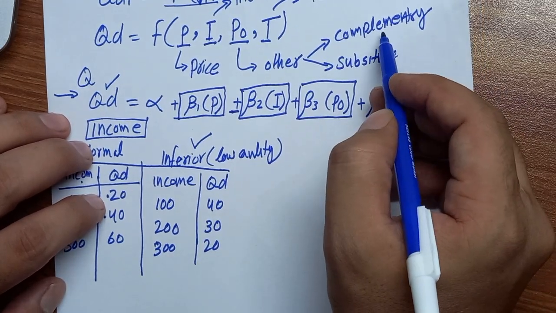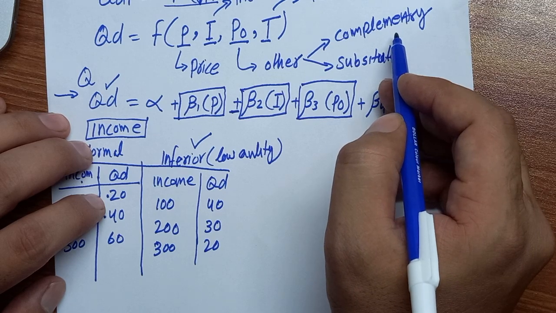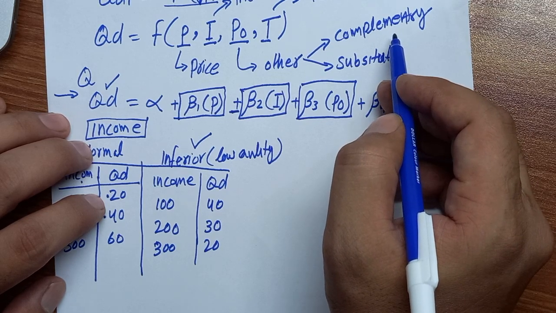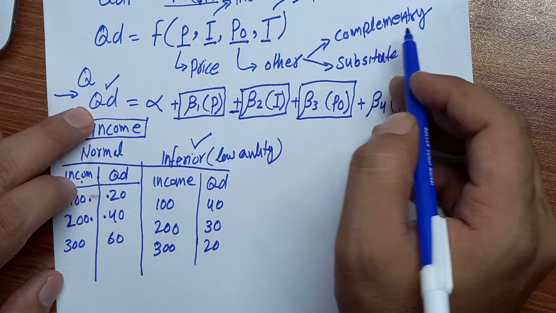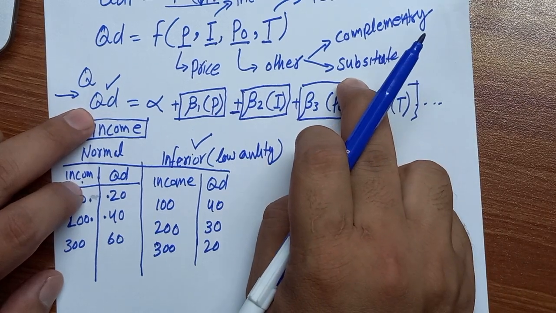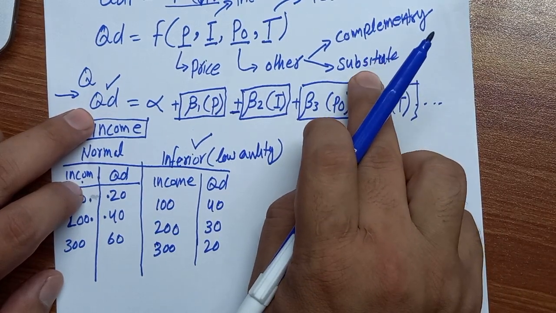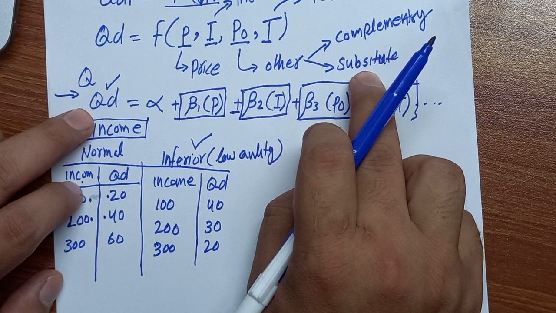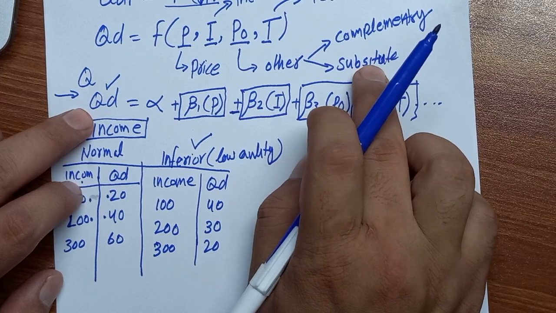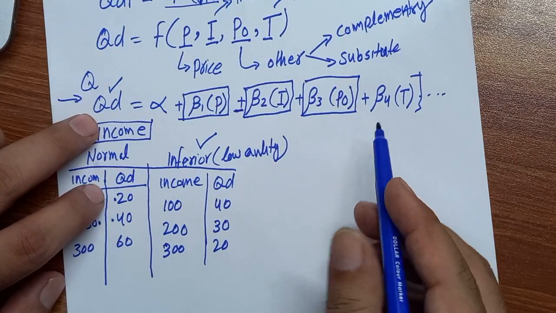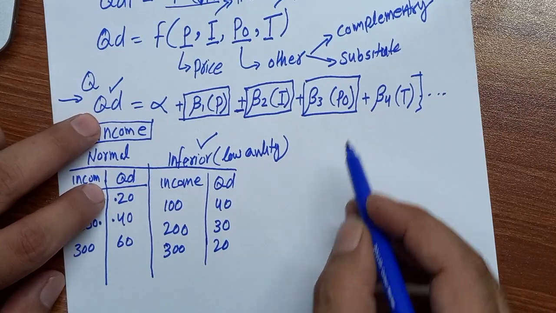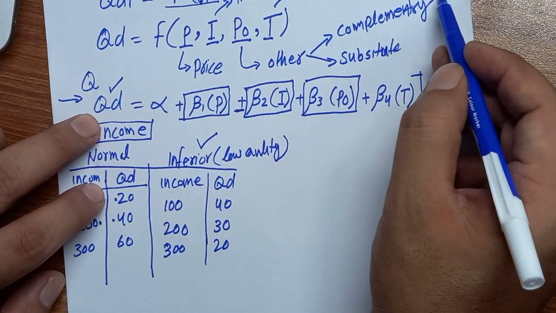Complementary products are those which are necessary to buy with your product, and substitutes are those where the consumer leaves your product and goes to buy the substitute. So here we are going to talk about both.